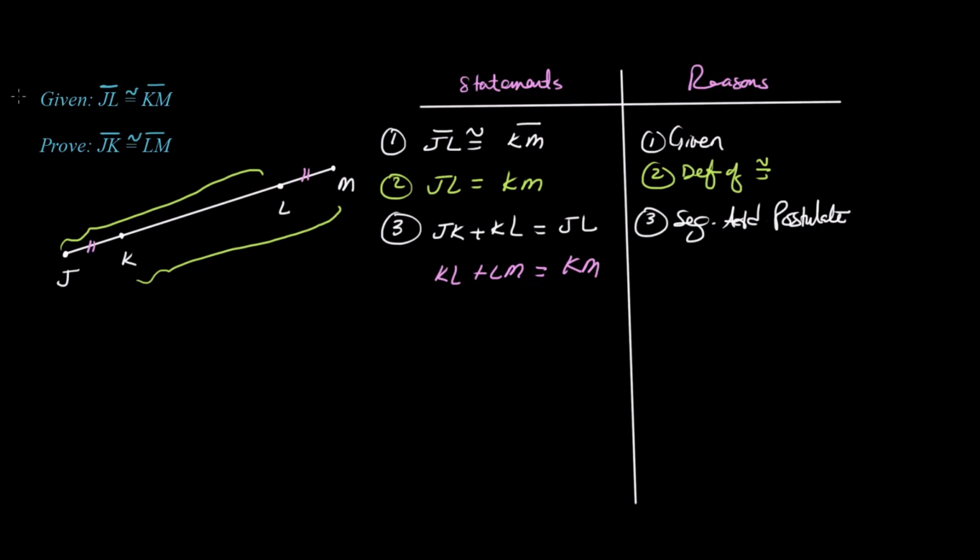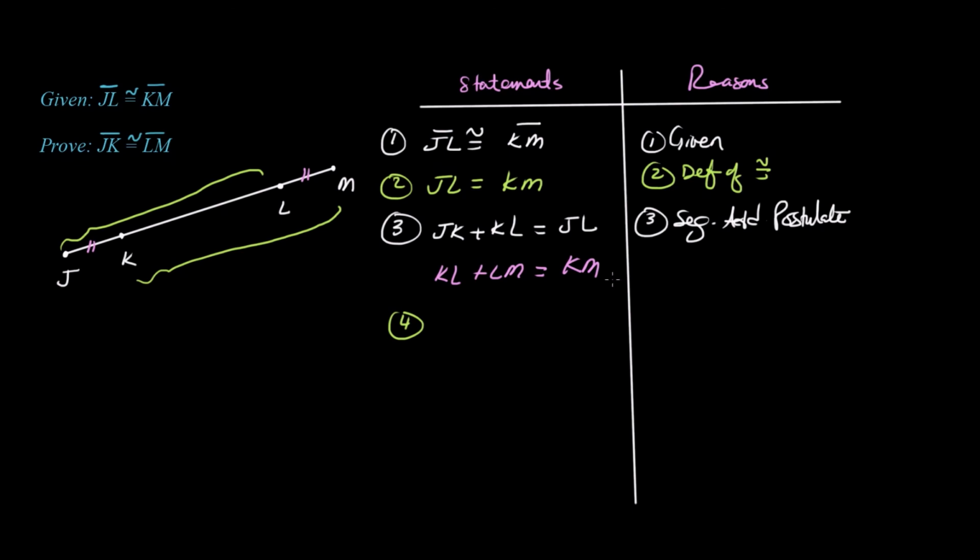Now what do we do? We're trying to prove that the two baby segments, JK over here and LM over here, are congruent. That's why we want to isolate them. But how are we going to do this? Well, we know JL is congruent to KM. Maybe I could substitute that into one of these.